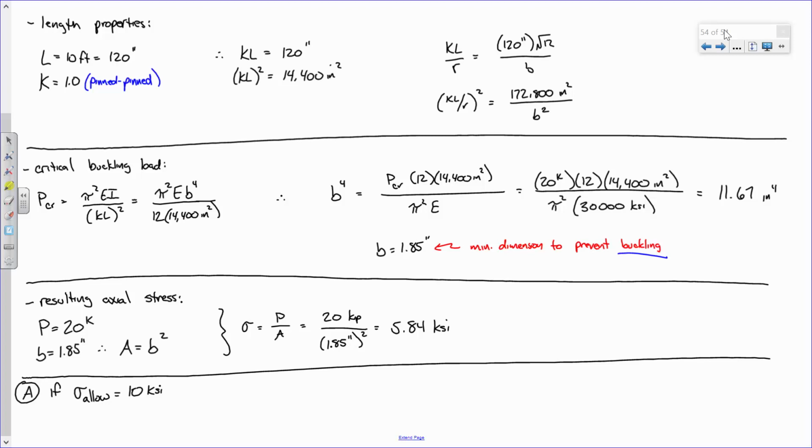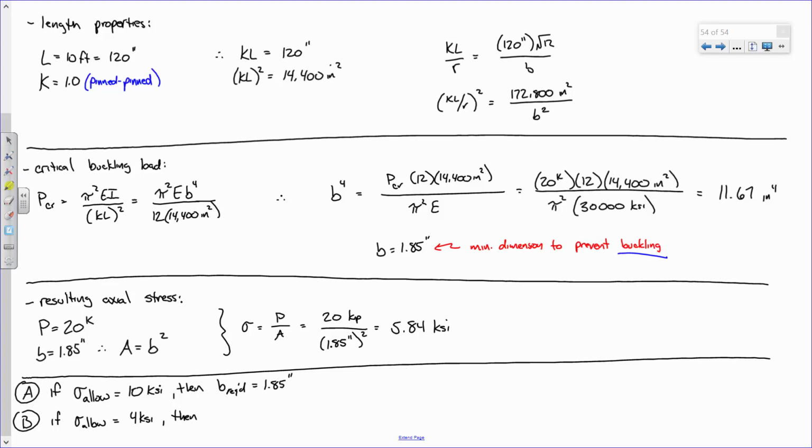So, this is what I propose. If sigma allowable is 10 KSI, then B required is 1.85 inches. For part B, if sigma allowable is 4 KSI, then what?